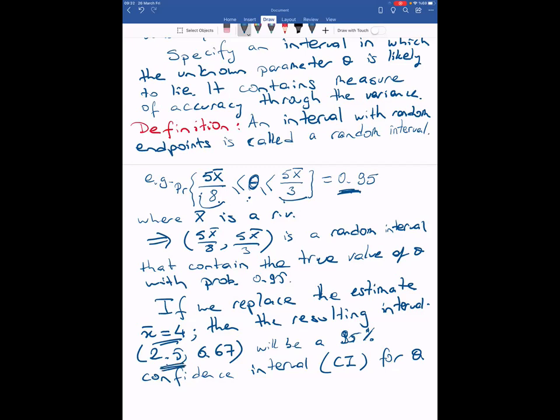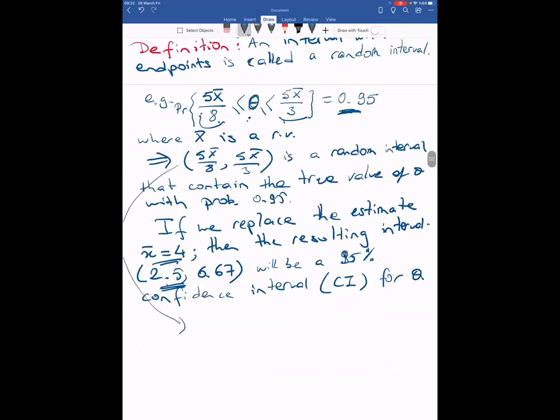In this course we will not take any samples, but we assume that when we have a sample, then what will be the confidence interval? Instead of writing our interval like that, we will write this as 5x bar over 8 and 5x bar over 3. So this will be a 95% confidence interval for theta.